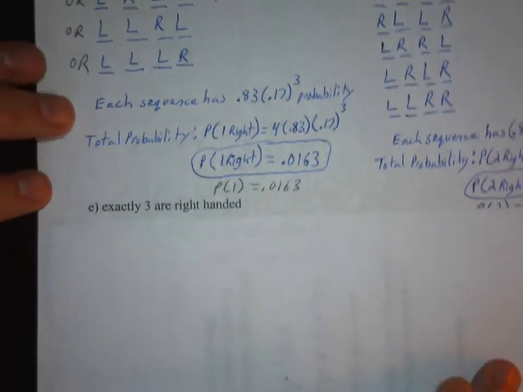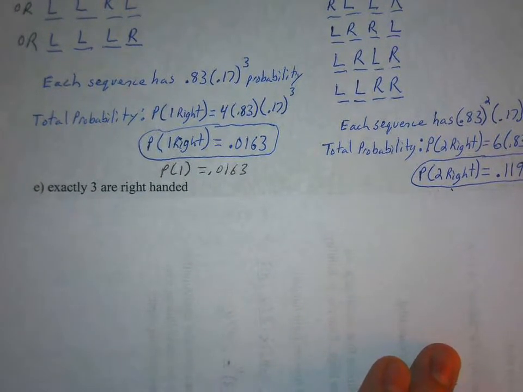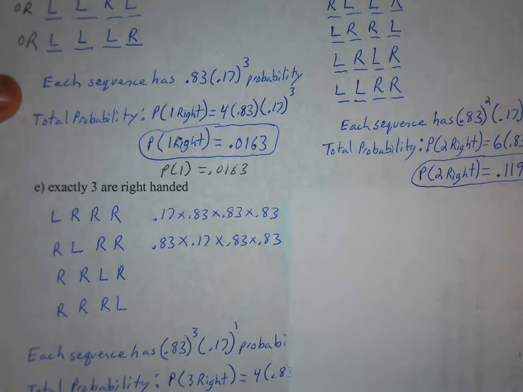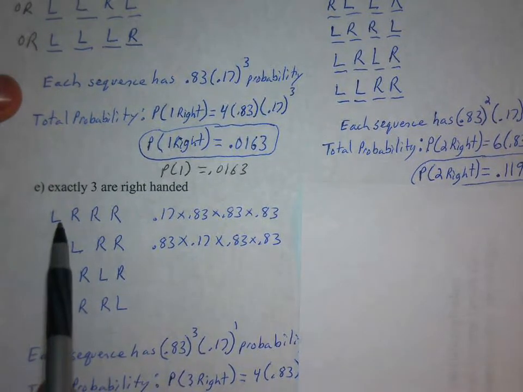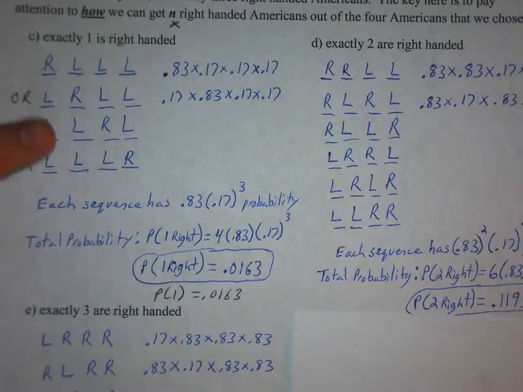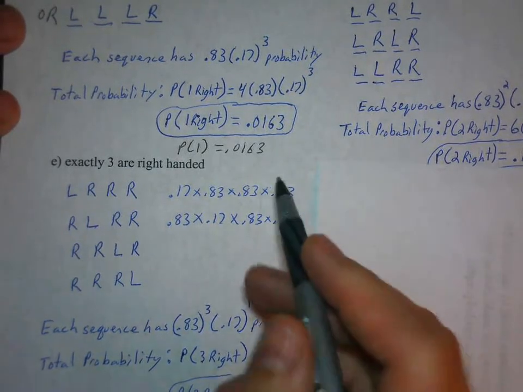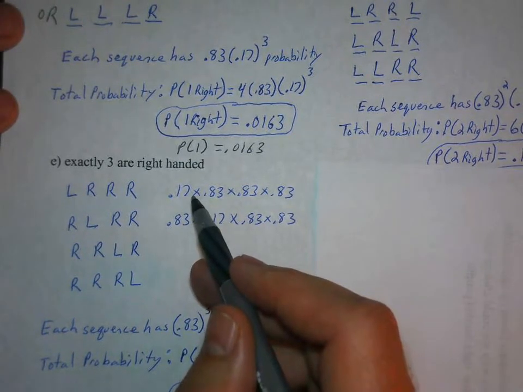Okay, and then similar, trying to find exactly 3 right-handed people, you go through and list the sequences. Okay, so you list the sequences and then the probability of each of those sequences. You have 1 left-handed and 3 right-handed. Essentially, it's the same idea as 1 right-handed, but you just flip-flop the L's and the R's, and that'll give you exactly 3 right-handed. The only difference now is you have 0.83 to the third, because you're multiplying it 3 times by itself, and 0.17 once.